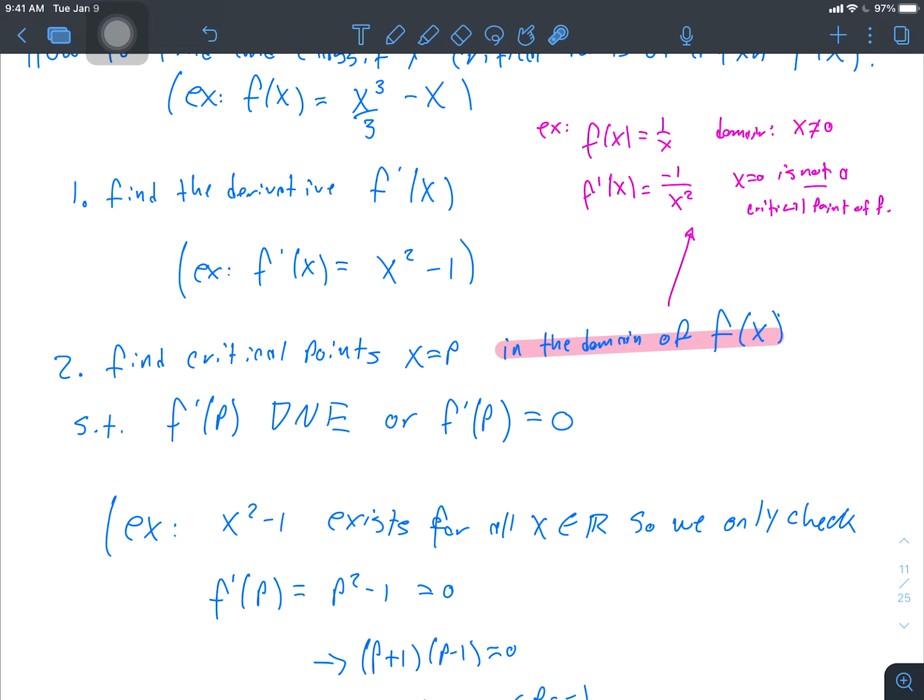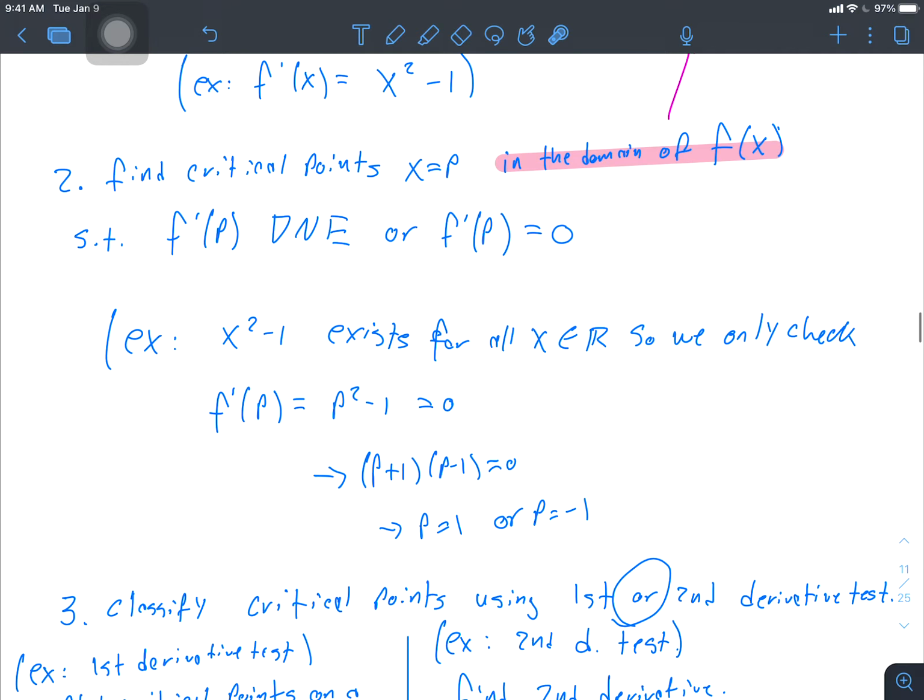So I'm only going to check where the derivative is equal to 0. I solve p squared minus 1 equals 0, that's the derivative where I plug in p, and I found that the critical points are either 1 or minus 1. So now I have the critical points, and I'm ready to move on to the second part of the problem, which is to classify them as minimums or maximums.